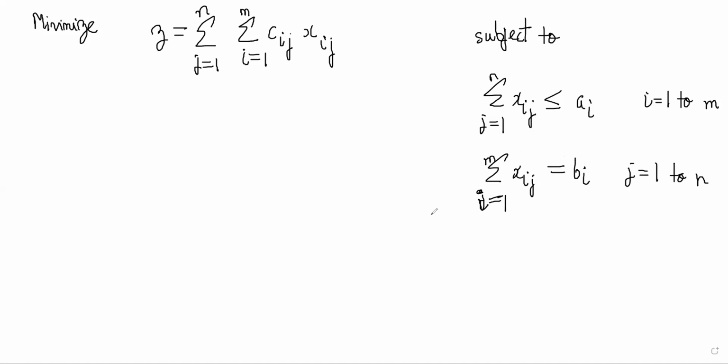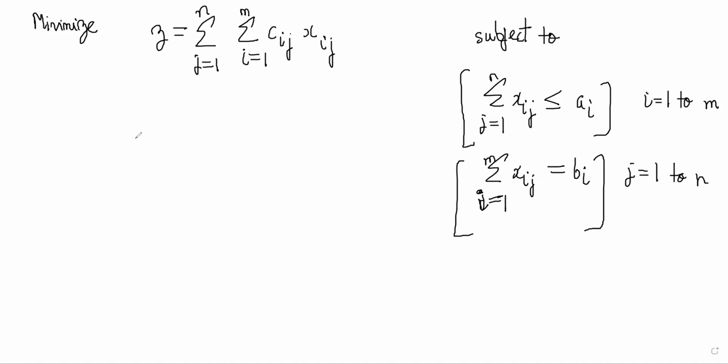It is a linear programming problem with a number of constraints. You have to find how many constraints there are. So we have to basically count the number of constraints here.